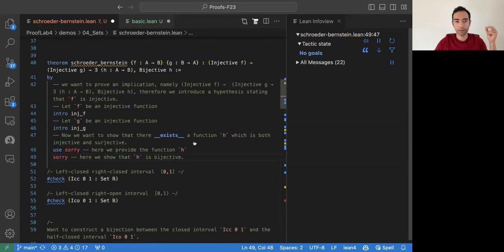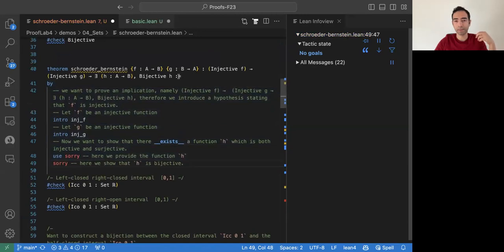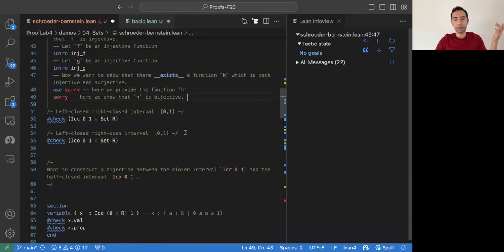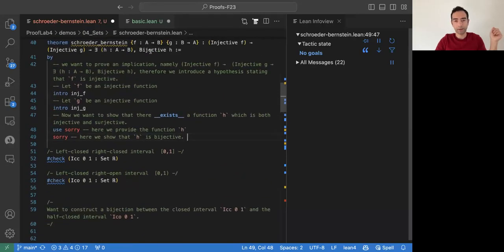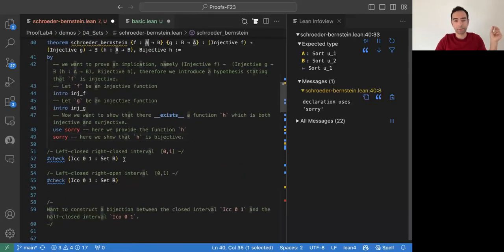But we sort of thought, okay, maybe this is a bit difficult to prove for any types A and B. And this is what we did in informal treatment of this theorem as well, right? So we said maybe we can prove a more simple case where the type A is going to be the left closed, right closed interval 0 and 1.